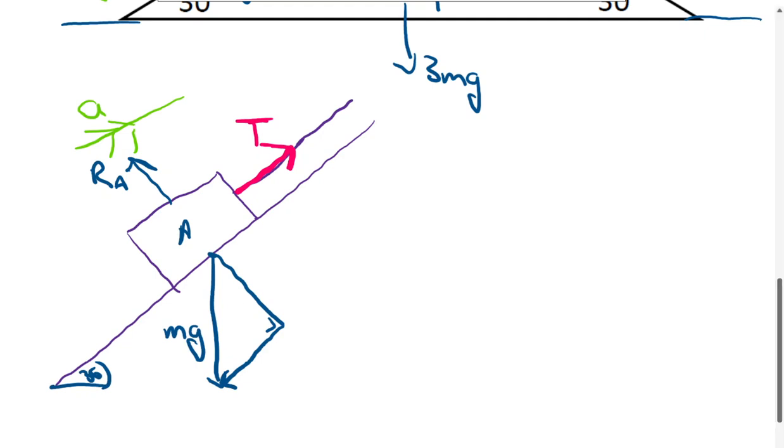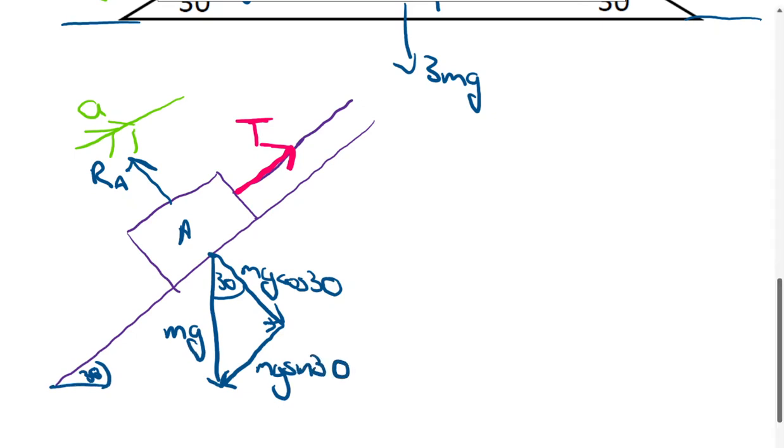Because what that lets us do is we can figure out that that's 30 degrees. So the component from gravity that's pulling A into the surface is mg cos 30, and the component of gravity that's pulling A down along the surface is mg sin 30.